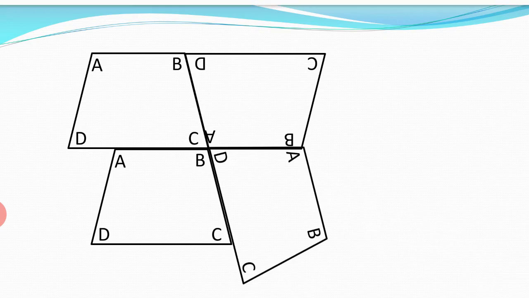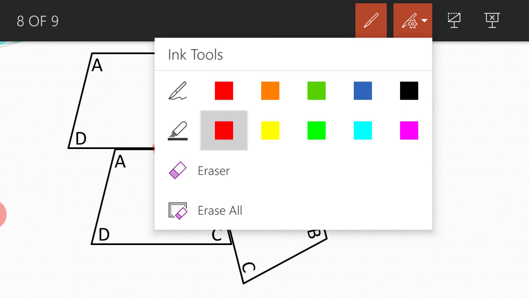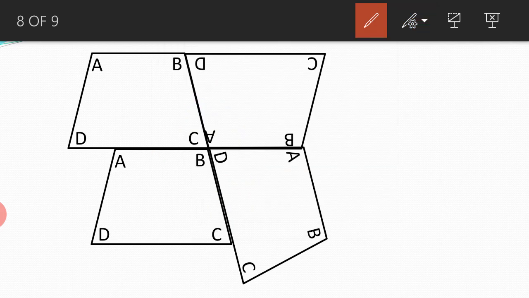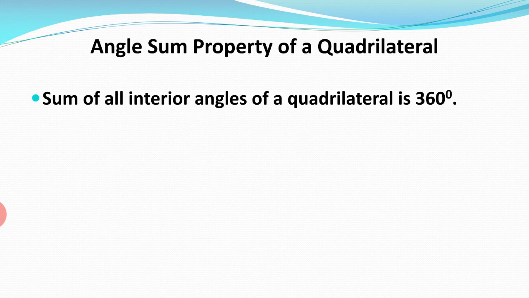I have just brought all the angles together: C from the first quadrilateral, A from the second, D from the third, and B from the fourth. When I have arranged them, I observe they are forming a complete angle. So can I say angle A plus angle B plus angle C plus angle D is equal to 360 degrees? Isn't it? So we come to the conclusion that the sum of all interior angles of a quadrilateral is 360 degrees.